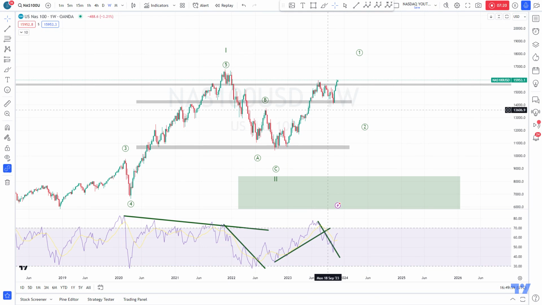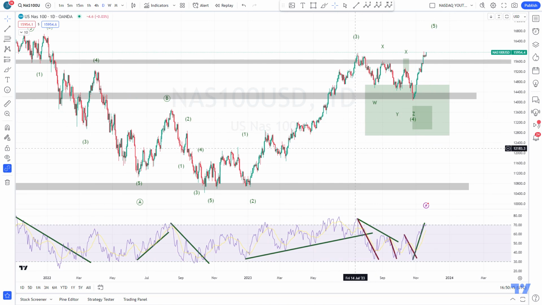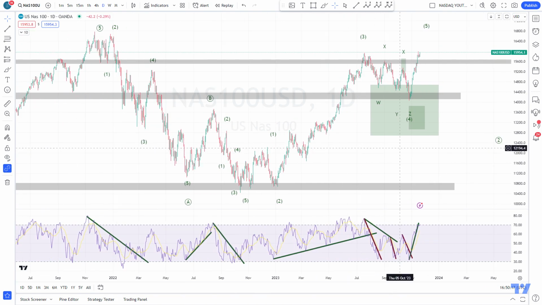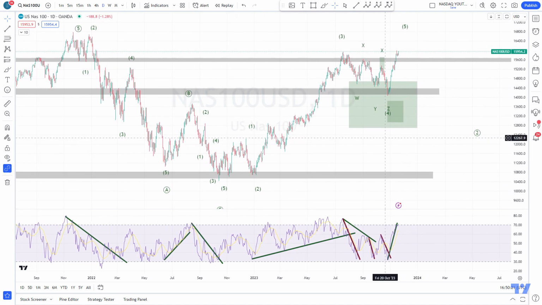From the weekly chart, we will not immediately see this. We have to analyze this in the lower time frame to see which kind of fifth wave will play out. So now if we go to the daily, here you can see my count I just discussed in the weekly.